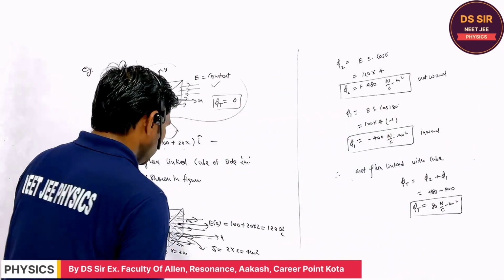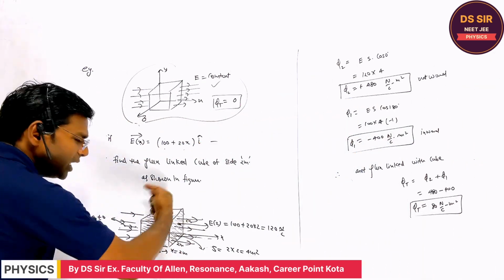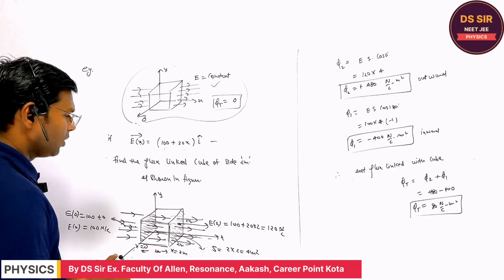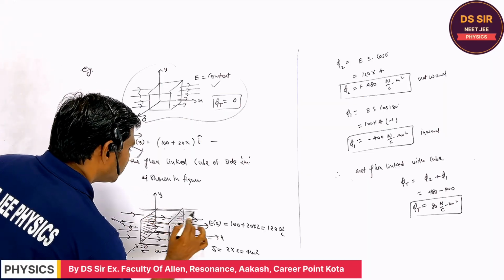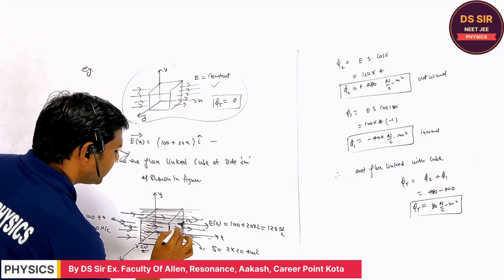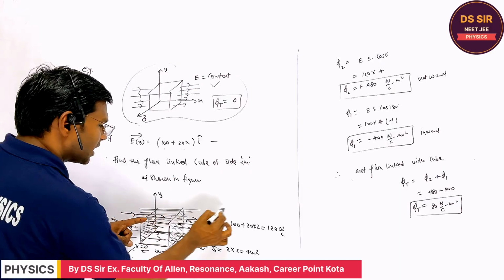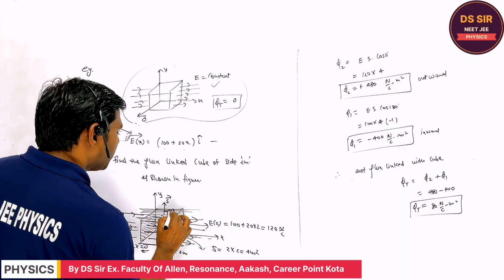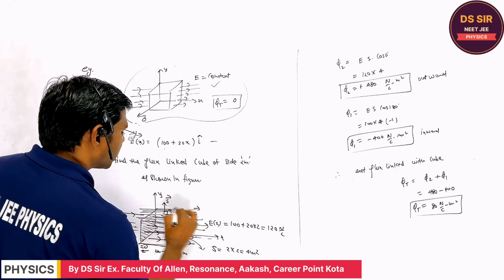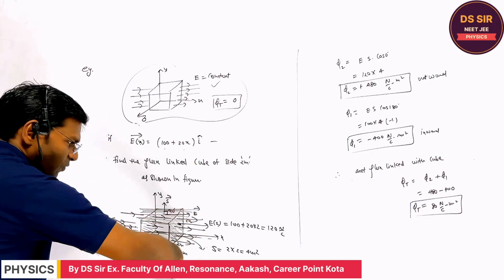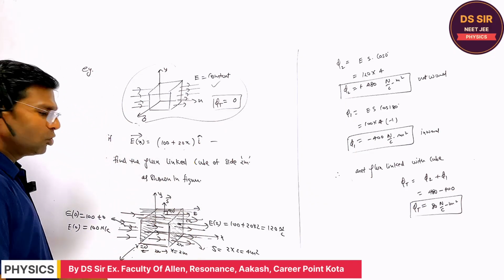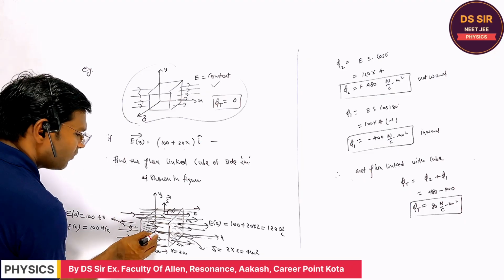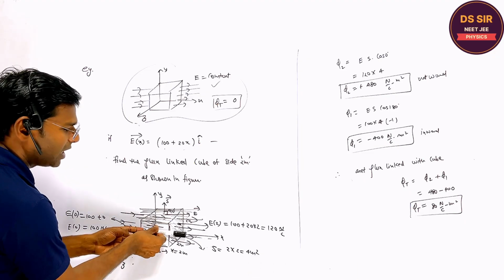Listen, one more thing. If you consider all the lateral surfaces, the electric field at these surfaces is increasing, as x is changing, but all the surface vectors are perpendicular to this electric field, right? So if you consider the lateral surfaces of the cube, this is the surface area and this is the electric field.